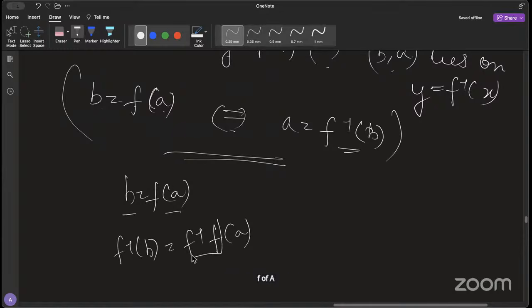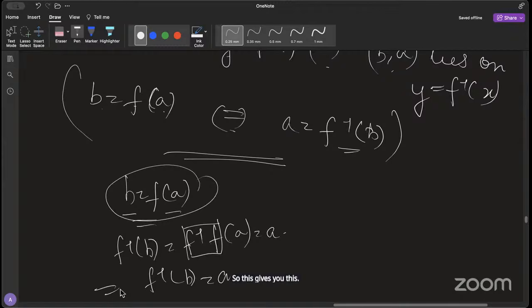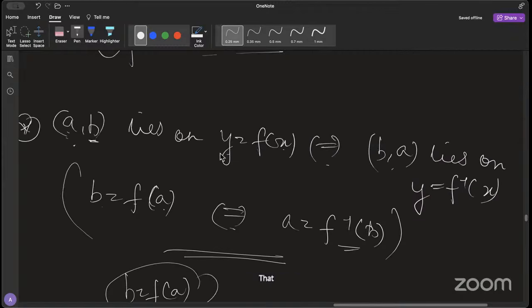And we've discussed this, that a function composed with its inverse gives you the identity function. f inverse of f(a) is the same as a. So this means f inverse of b is a. This implies that if (a, b) lies on your curve f(x), then (b, a) is going to lie on the curve f inverse of x.